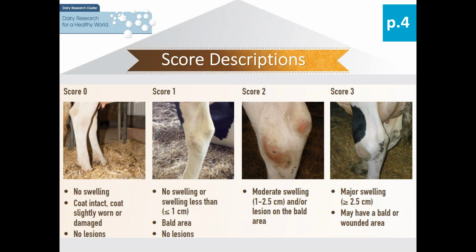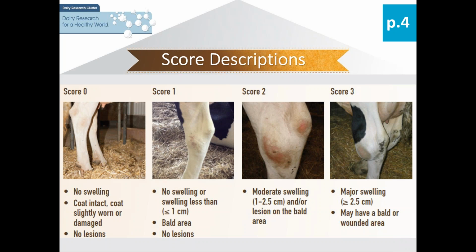Part of the process that went into deciding this was that we have this good scoring system. This is a scoring system that's been developed over time by a number of researchers, where we can use fairly standardized pictures like these to assess the health of the hocks of cows, in this case the prevalence of injuries. A score of 0 is a very clean looking leg, no swelling, good hair coat, and no lesions on the leg.